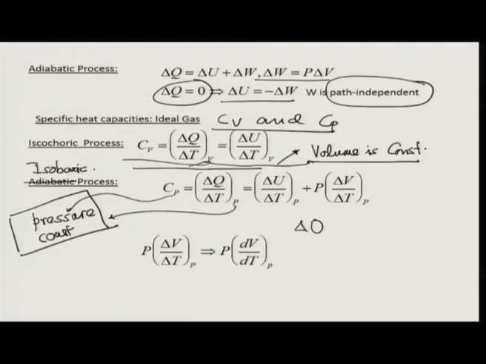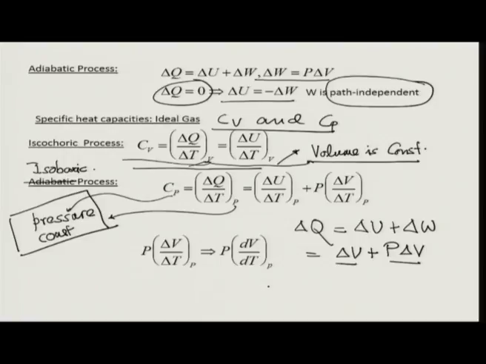Delta Q we already know from the first law, as I have written there, delta U plus delta W, which is nothing but delta U plus P delta V. I am writing delta here for consistent notation, same notation for Q, U and W, but never forget these two depend on path, whereas delta U does not.